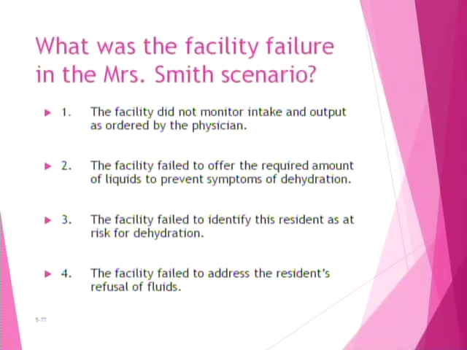We tried when we were developing this to stay away from sufficient. And so we were trying to say offer the required amount. Sometimes when you're looking at record, you can also determine how much a person needs, but usually the dietitian has determined how much a person needs of fluid to prevent symptoms of dehydration. So that's what we felt was the main failure.